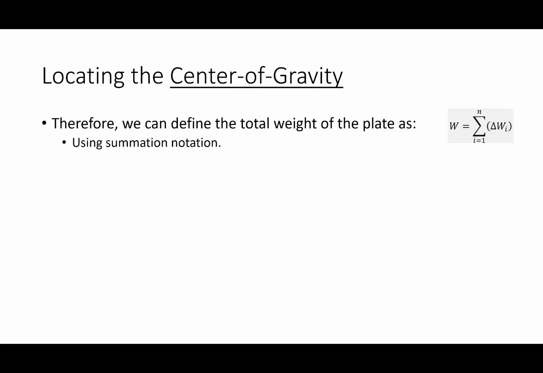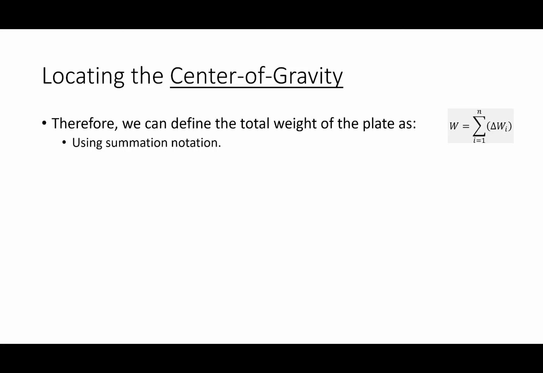So I'm trying to figure out specifically what this distance is, which maybe we'll call y center of gravity. And I need to figure out what this distance is. We'll call this x center of gravity. I need to figure out where that point is so that I can replace all those little delta W's with a single vector that has the same effect as all those little itty bitty pieces.